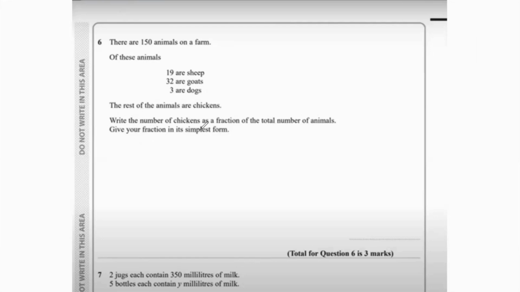So we have to write the number of chickens as a fraction of the total number of animals. So we have 19 sheep, 32 goats, and 3 dogs. So chickens are going to be 150 minus the number of sheep minus the number of goats and dogs. So that's going to give us 96. So there are 96 chickens.